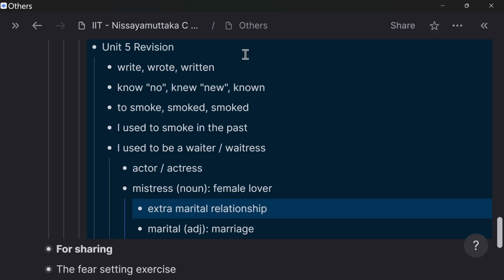But for example, if he has a second wife, then she's also a wife, not a mistress. A mistress, as far as I understand, is not married.